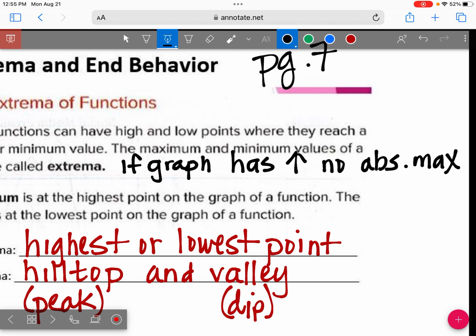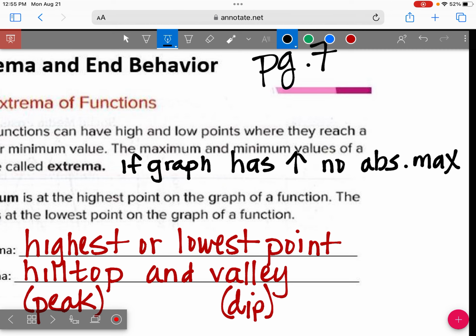So I'm abbreviating that. If you notice that the graph has an arrow that points up, it doesn't have an absolute max. And the reason why is because it's never going to stop going up. So if you never stop rising, you'll never reach the top.